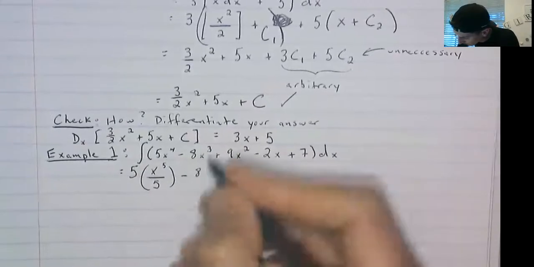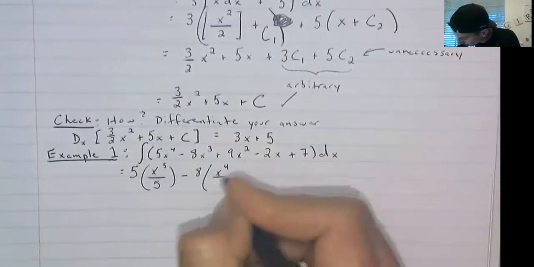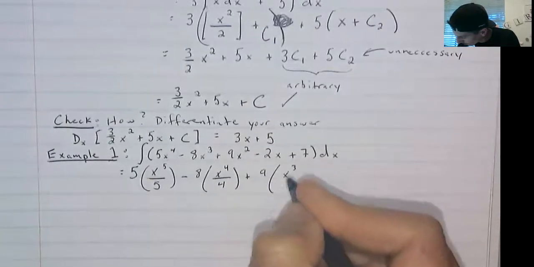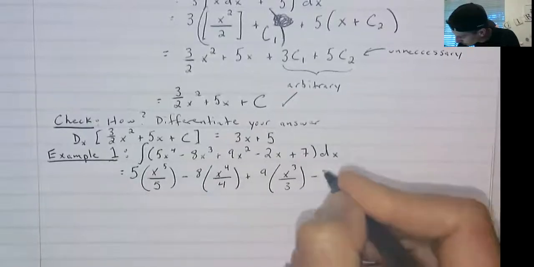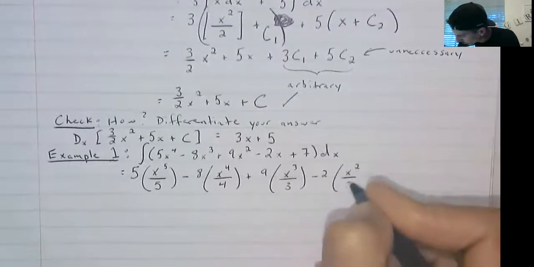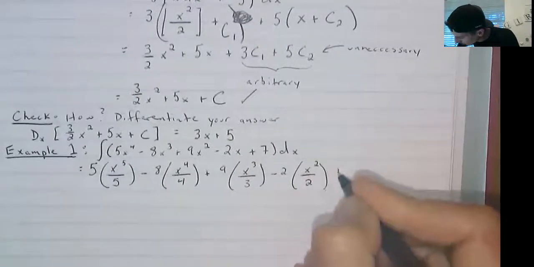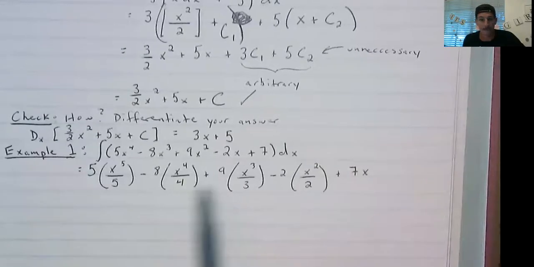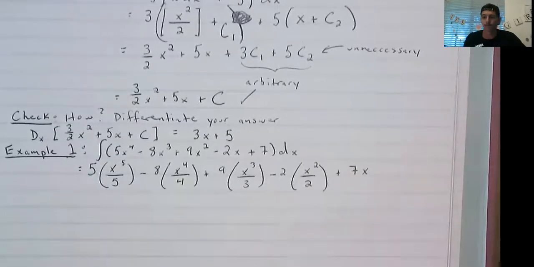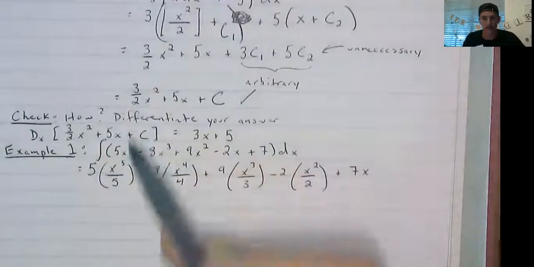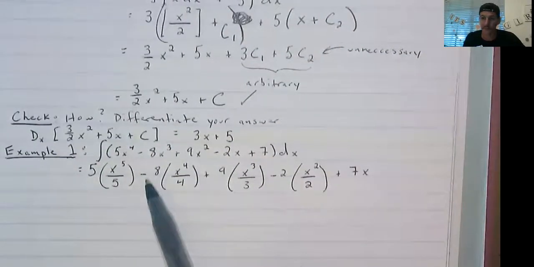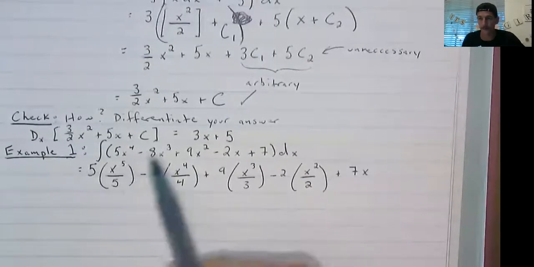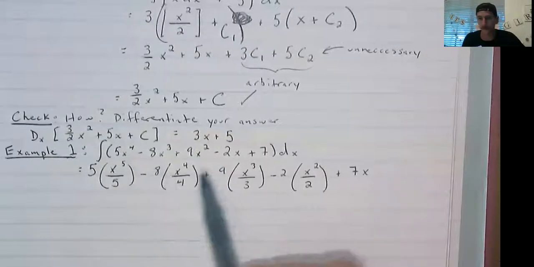Minus 8 times x to the 4th over 4 plus 9 times x cubed over 3 minus 2 times x squared over 2 plus 7x. Okay. If you're not seeing where I'm getting these expressions, press pause, work through it piece by piece, but eventually we need to get to the point, not eventually, but pretty quickly, where we can just see x to the 4th, okay, antiderivative is x to the 5th over 5, and so on down the line.